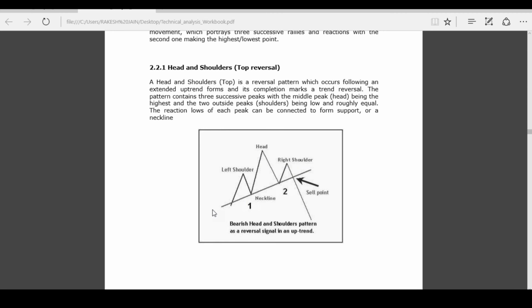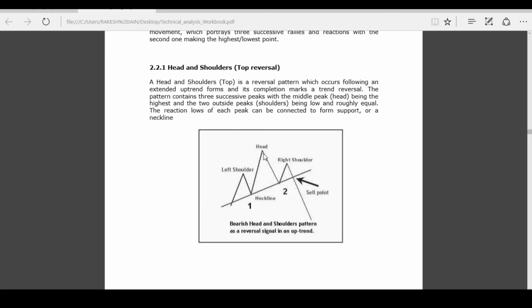What psychology does it show? For any pattern to remain or give a reversal, it has to be in a prior trend, prior uptrend or a prior downtrend. So in case of head and shoulder, it has to be a prior uptrend. A stock has been in a prior uptrend, and after that the stock has started moving up, making a new high at say 610, in this example the left shoulder.